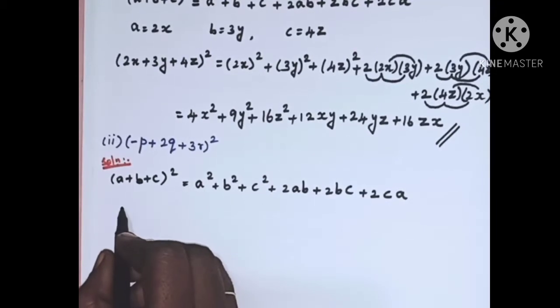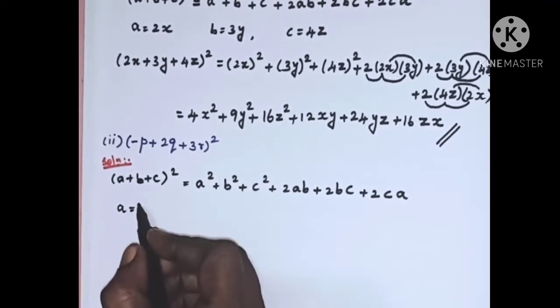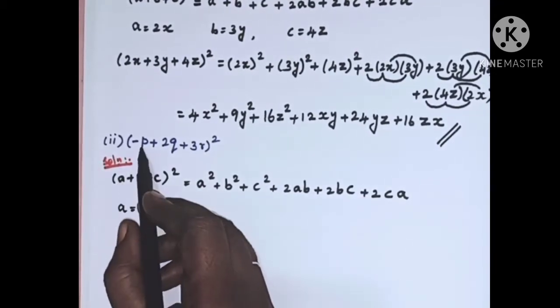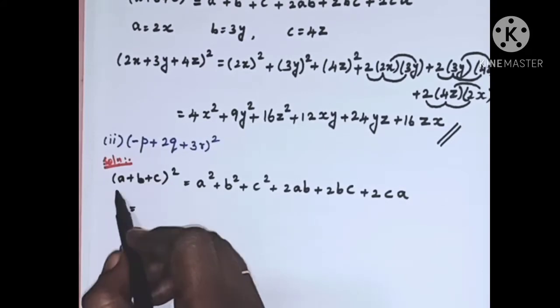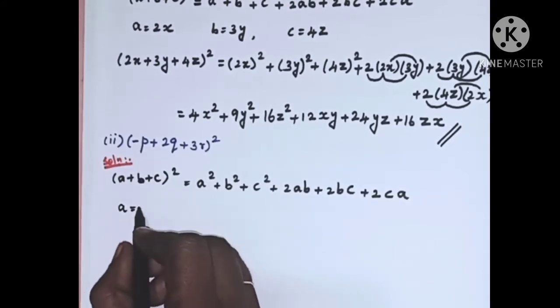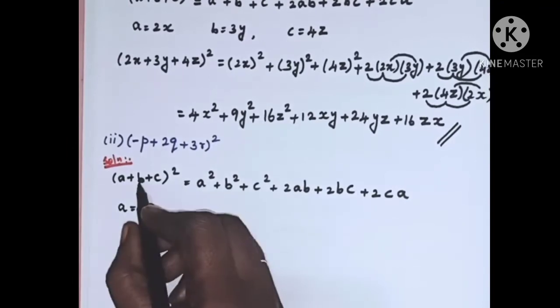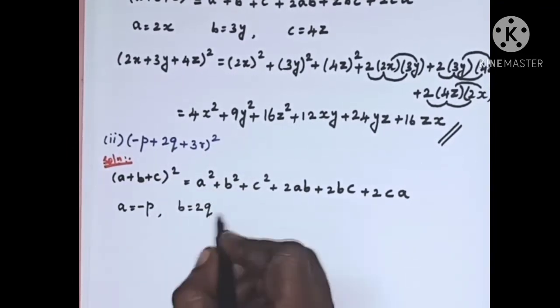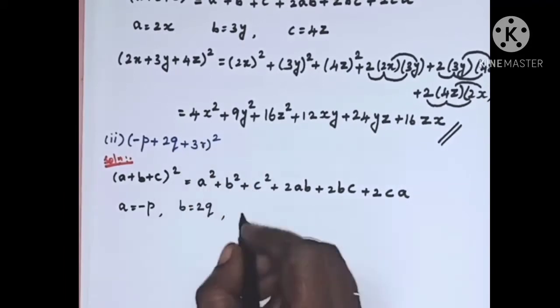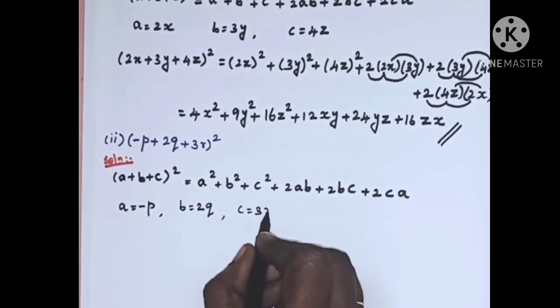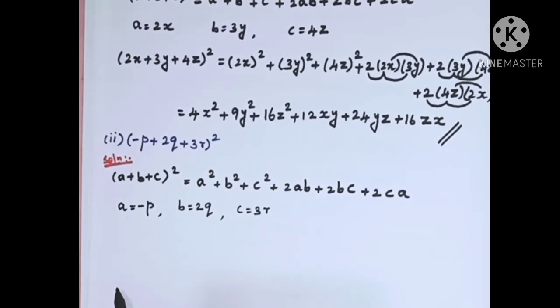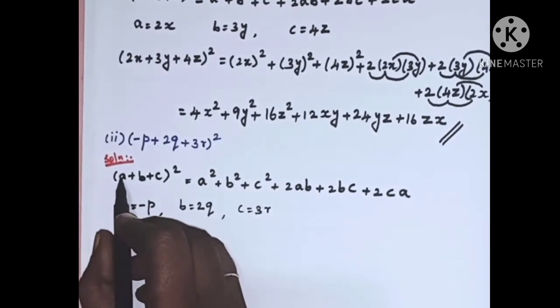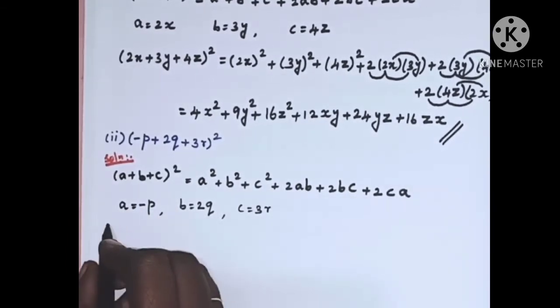So here in the place of a we have minus p in the expression. So in the place of a we have to put minus p, and in the place of b we have 2q, and in the place of c we have 3r. Now substitute the values of a, b, c in this identity.